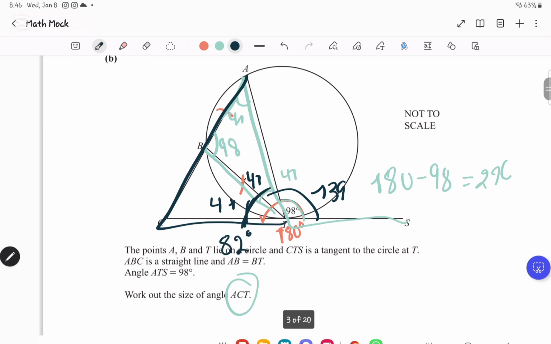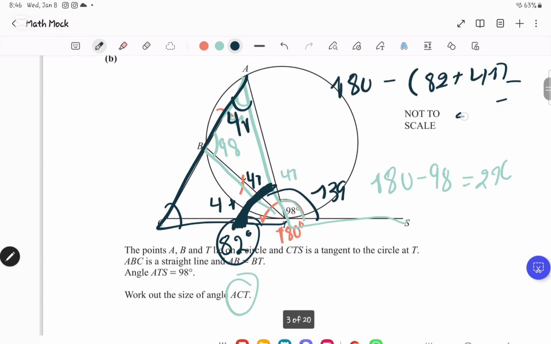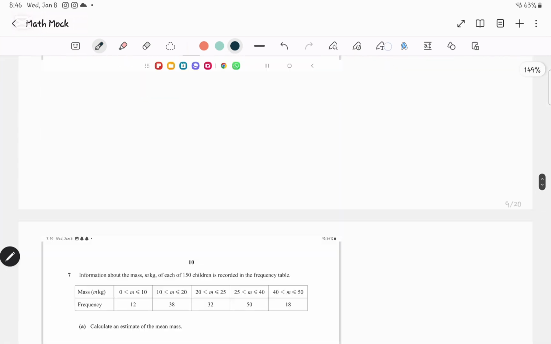So we found this angle by finding the missing angle over here, which is 82 degrees. Now, we have one angle over here and one angle over here, which is 41. We can easily find this by doing 180 minus 82 plus 41, and it's going to give us 57. So our answer for this one is 57.